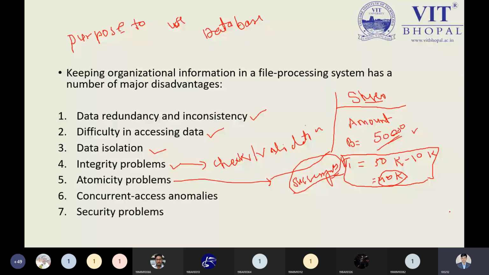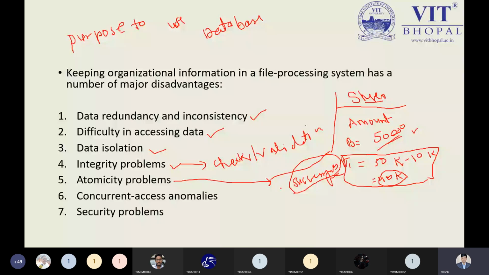Now you can see a real example while booking a ticket on IRCTC. A message is given during the transaction: please do not press the back button or refresh your browser. It will be done automatically. This message is given by the database system maintained by IRCTC.